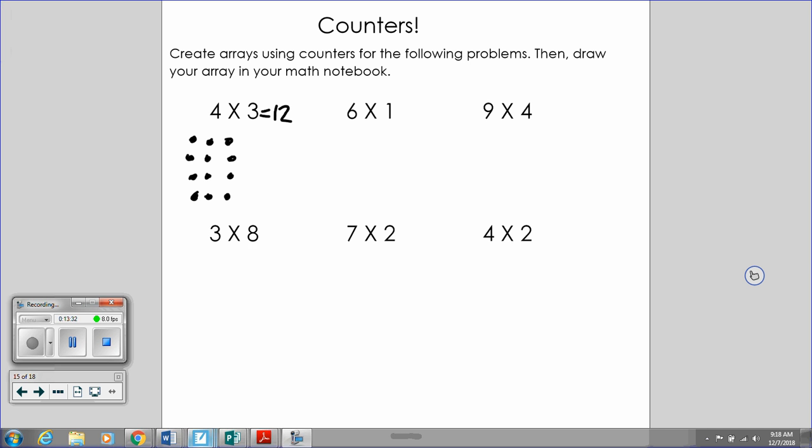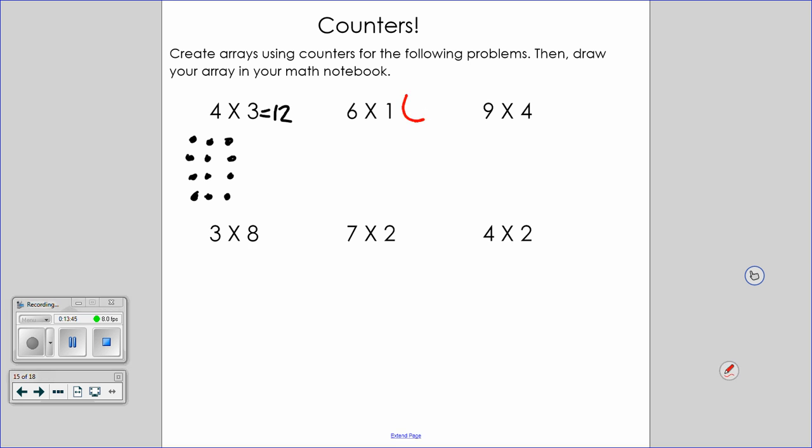How many things do I have? I have 6 different groups of 1. How many things do I actually have? Jackson? I only have 6 things. My array should probably look like that. 6 groups of 1.